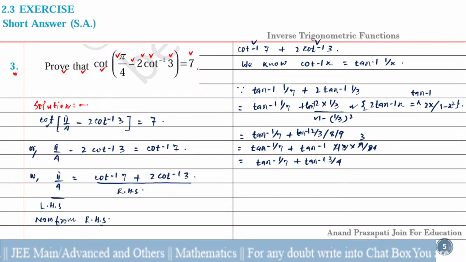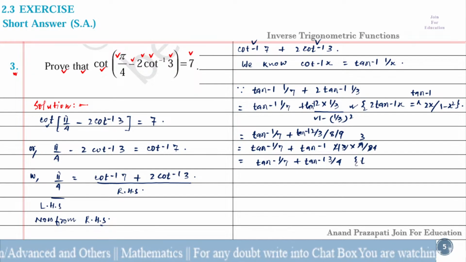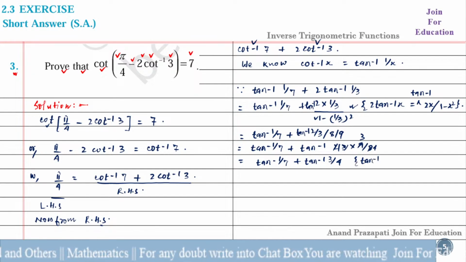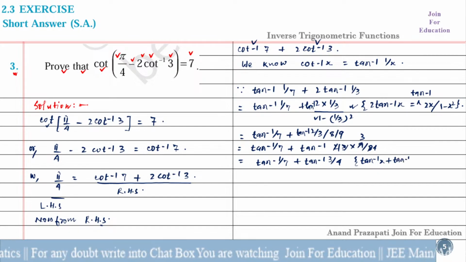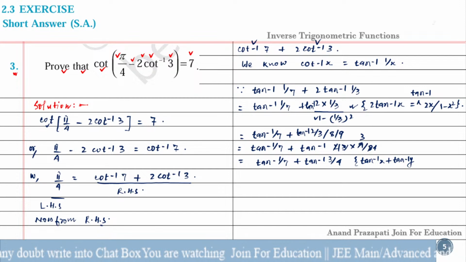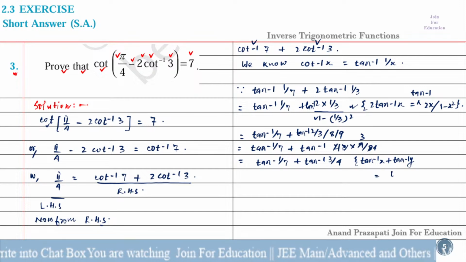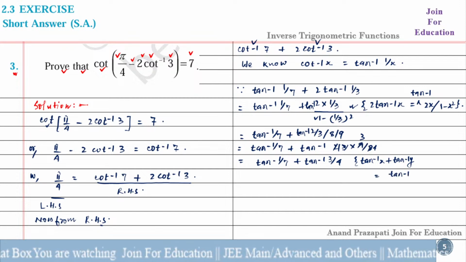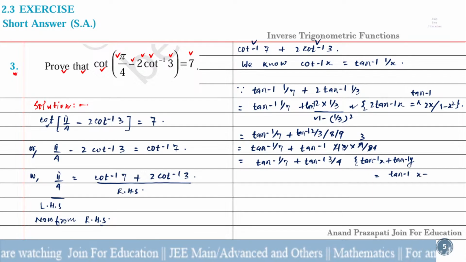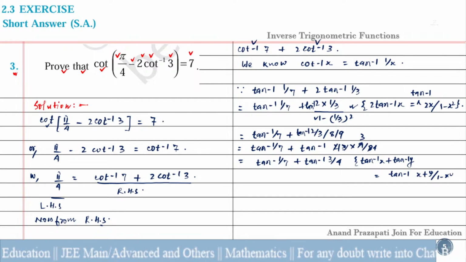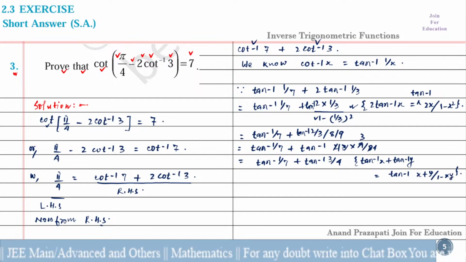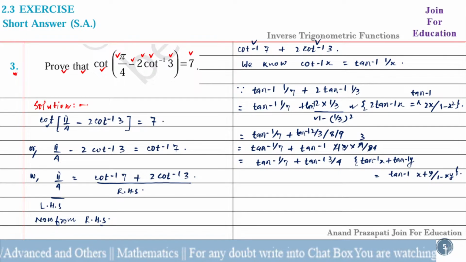Now we recall the formula, tan inverse x plus tan inverse y equals tan inverse x plus y by 1 minus xy. This formula will be used at this step.